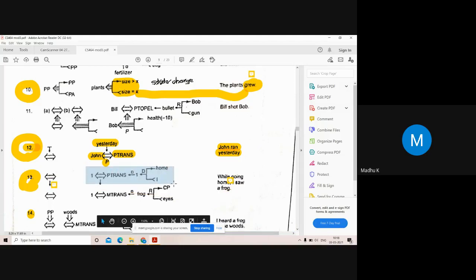While going to home. So how can we represent this? Going to home. Who is going to home?